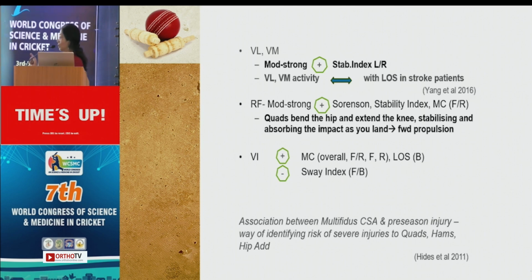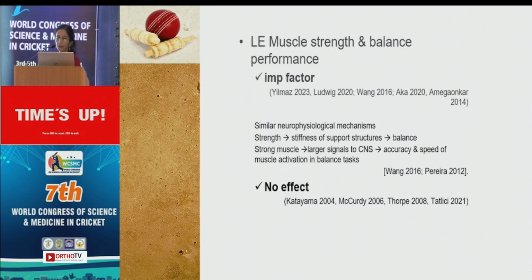The last one is equally important to read here, because we are not concerned in this study about the local stabilizer muscles, but the multifidus is the one which has been found to be highly correlated to the quadriceps, hamstrings, as well as the hip adductor injuries. But this study was in football players, not in cricket players, so it needs to be repeated to know whether it applies directly to cricketers or not.